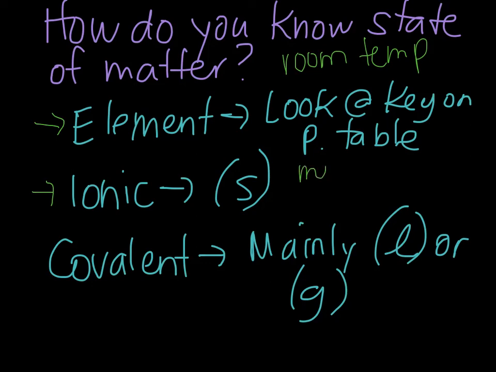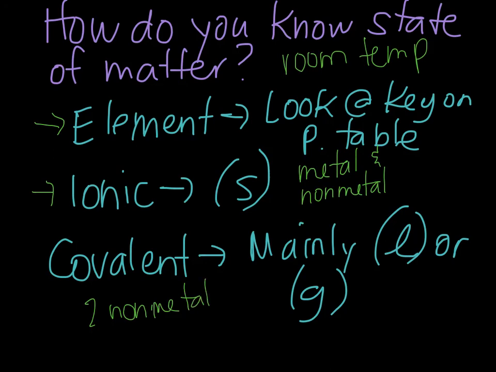And so remember that an ionic compound is a metal and a nonmetal. And then if it's covalent, remember that's two nonmetals. If it's covalent, then it kind of just depends on what substance it is. Some of them you're going to be familiar with, and you're going to know, oh, I know that that's a gas at room temperature. Some of them are liquid. So that one's a little more tricky. Usually for covalent compounds, the problem states what state of matter it's in.